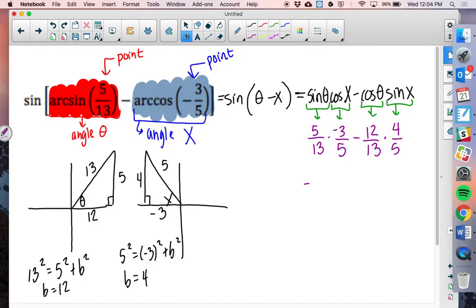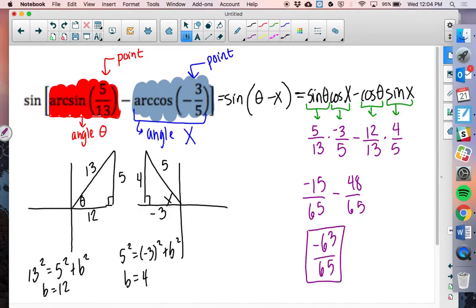We multiply these together, you get -15 over 65, minus 48 over 65, and that becomes -63 over 65, and that's your final answer. So this should help you finish homework 1.